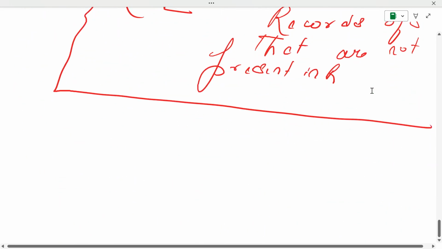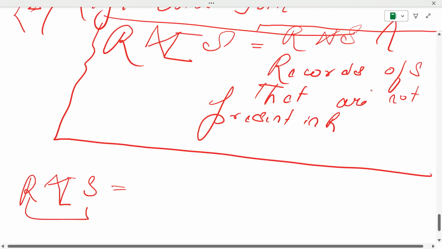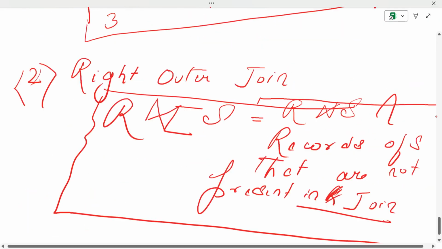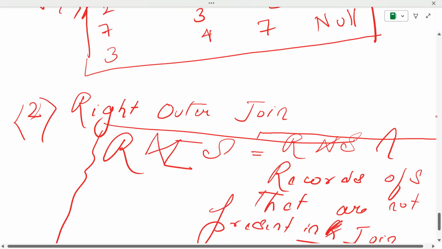Actually I have been writing in the opposite direction, let me correct this. Okay, so it will be something like R and S, and the mouth will be open towards S. So it will include the join of R and S along with those records of S that are not in the join condition, that failed the join. So it will include 2456, 7345.